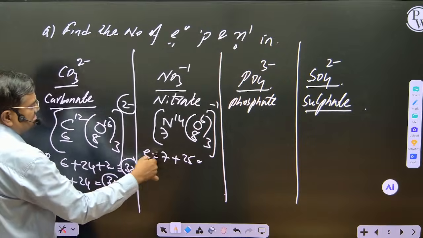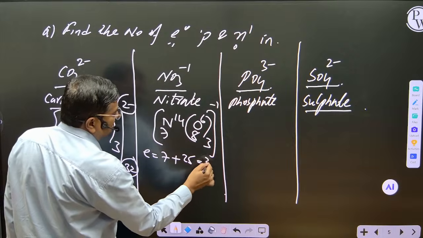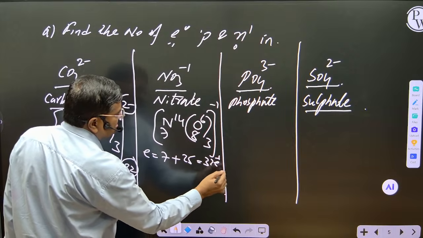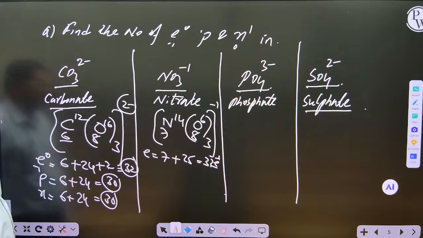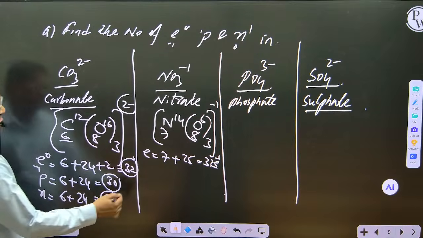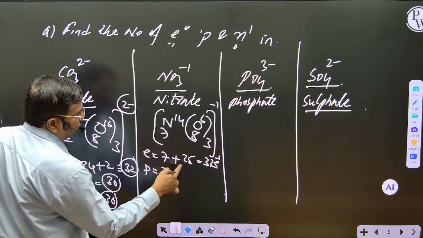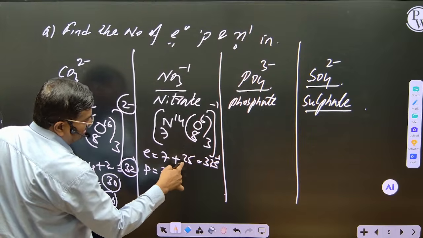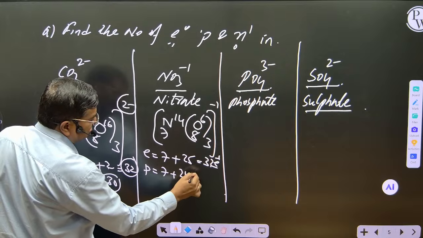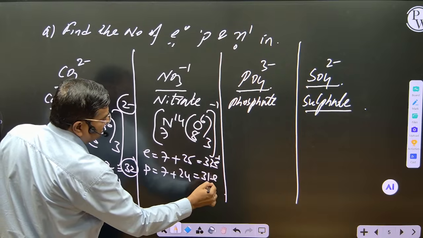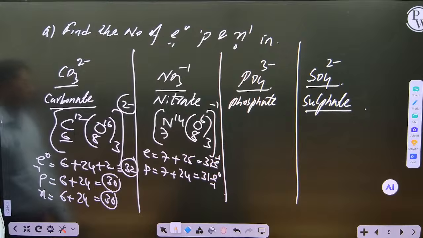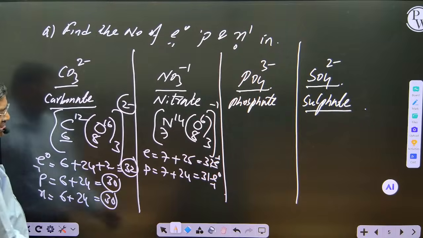That comes how much? 25 plus 7, 32 electrons will be there. Check. And protons when you consider, don't consider charge on the top. Only 7 plus 24 we have to consider. 1 we have to deduct. 31 protons will be there.